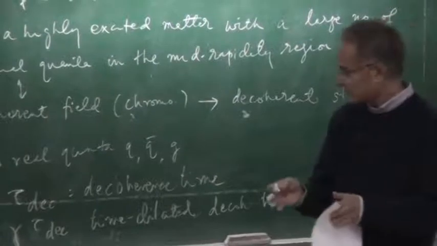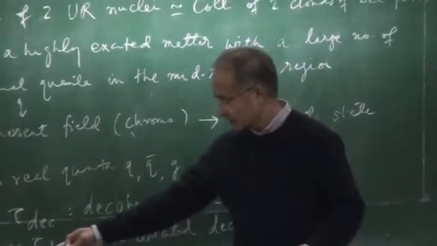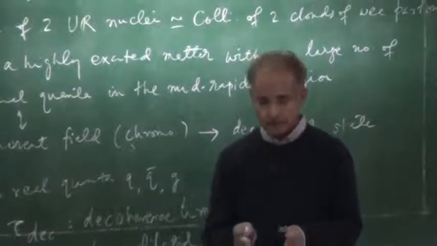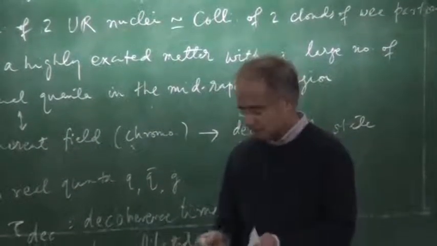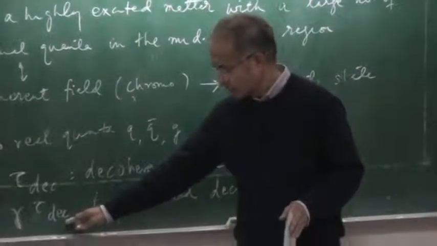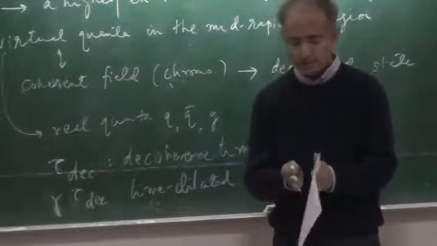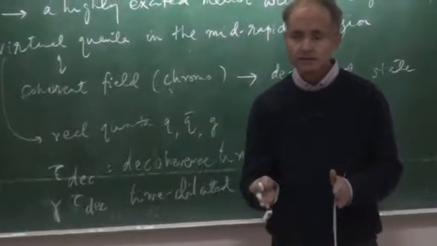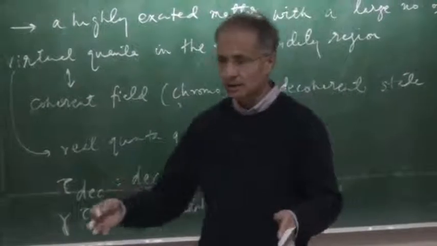On the other hand, as you keep on increasing the gamma factor, they decohere later on. But later on means the system has become bigger. So they tend to get produced at larger values of z.